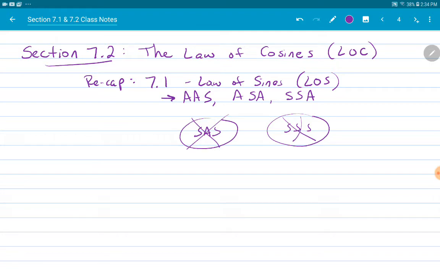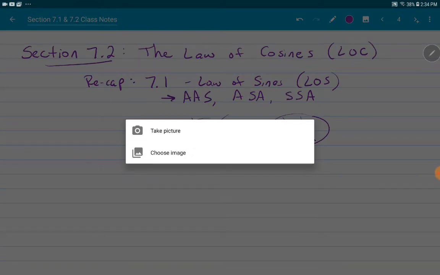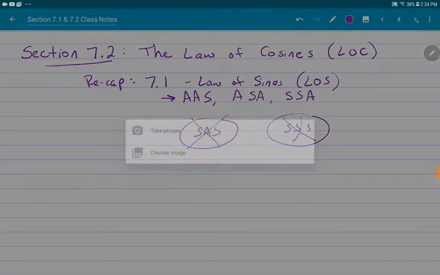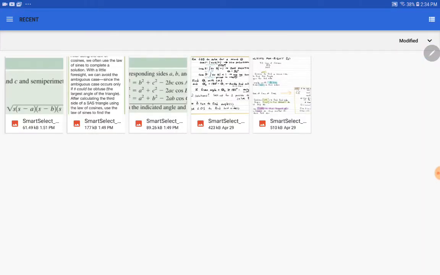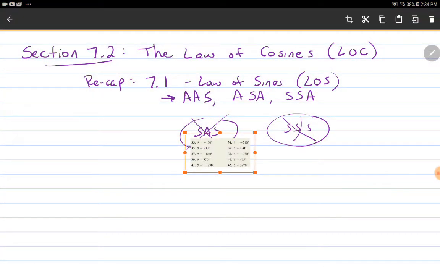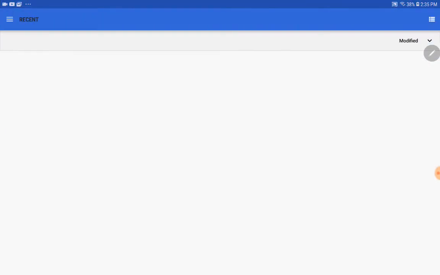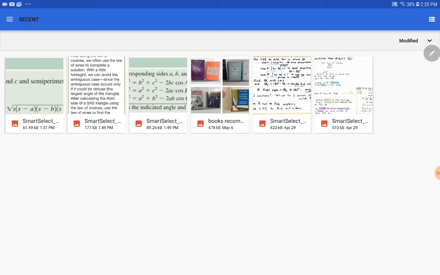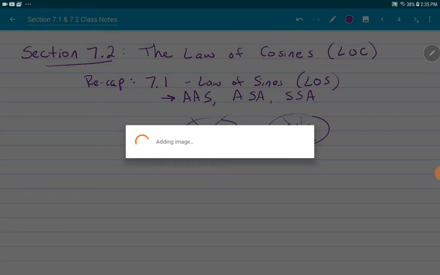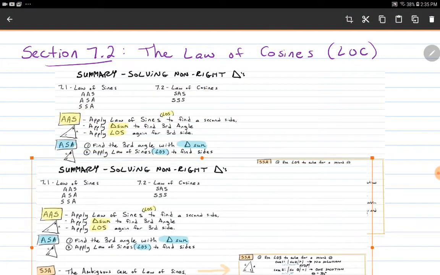So that brings us to my cheat sheet, which looks something like this. There we go, that's better.